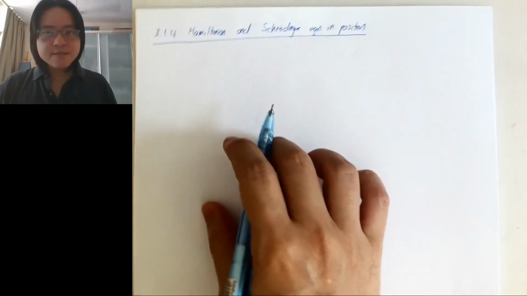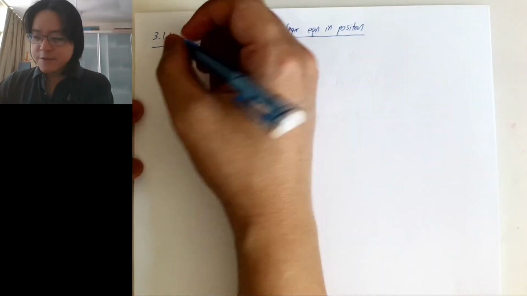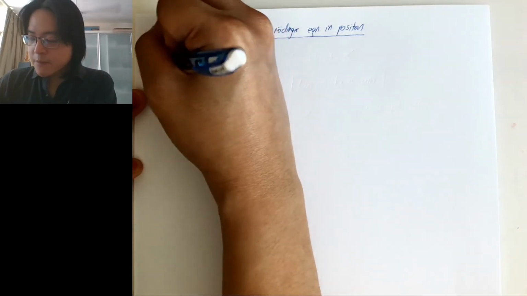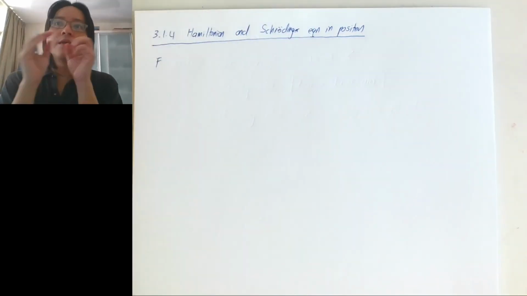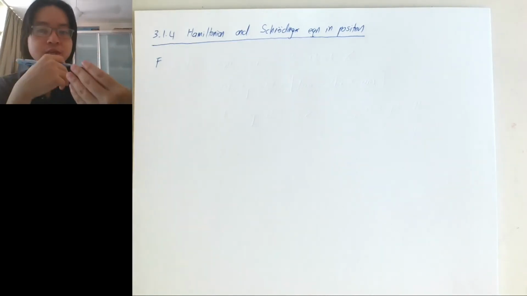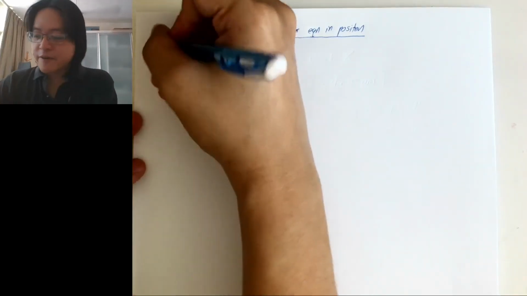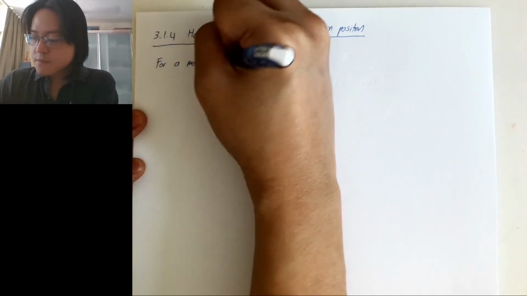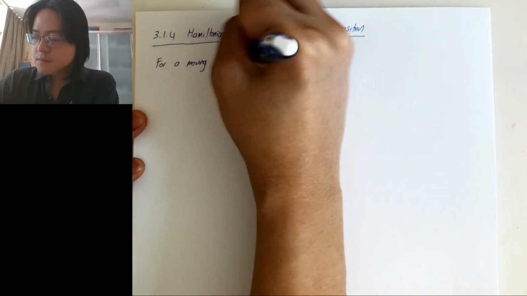So we start with what we have been talking about so far, the position. Usually when we want to measure the position of a particle, it usually refers to some moving particle of mass m.